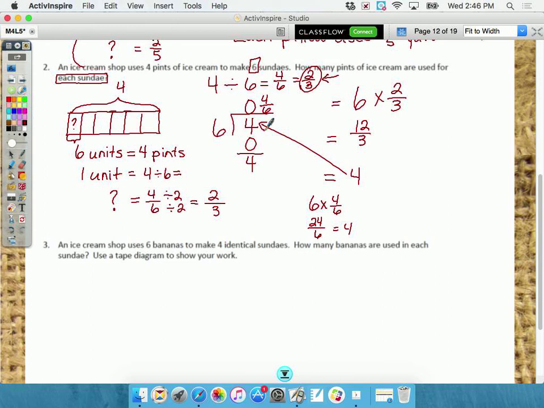What am I going to write for a sentence here? Each Sunday. Keep going. Each Sunday we'll use 2/3 pints of ice cream.